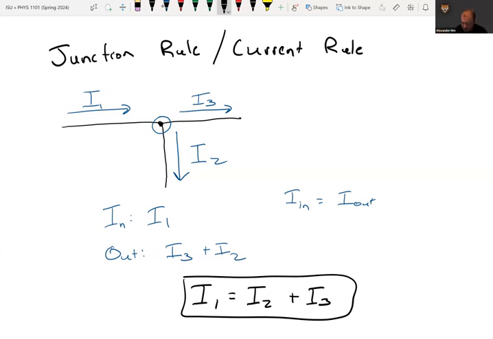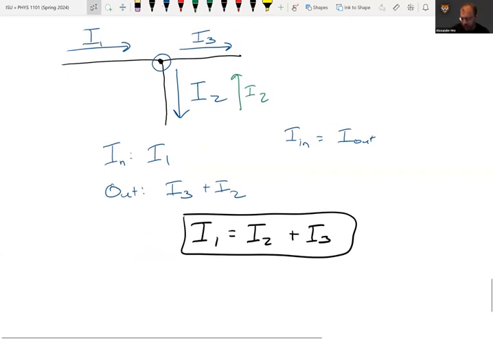Okay. So the idea is, well, what if I2 was actually flowing into the junction instead of out of it? Well, then this equation would be a little bit wrong. But the point is that I2 would end up being negative once we found that in the original setup. And we could ultimately just move that over to the other side and we'd have the right equation. So you get a slightly different equation.